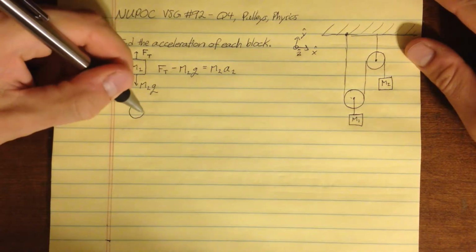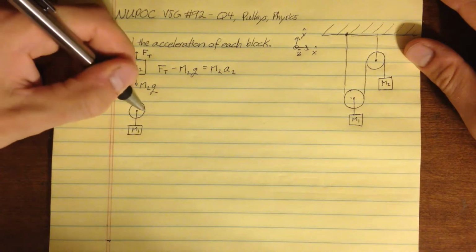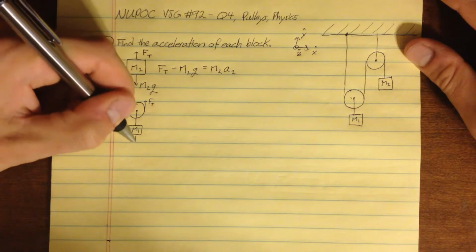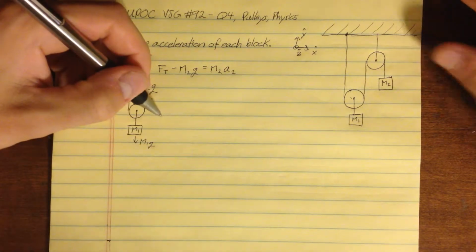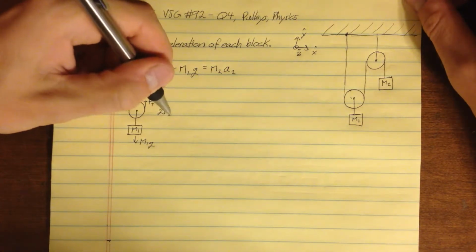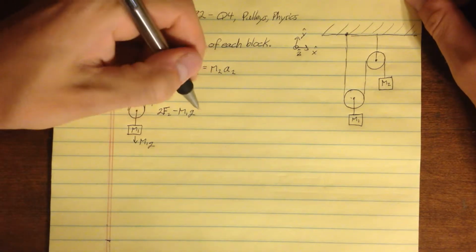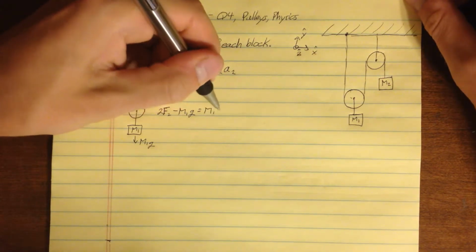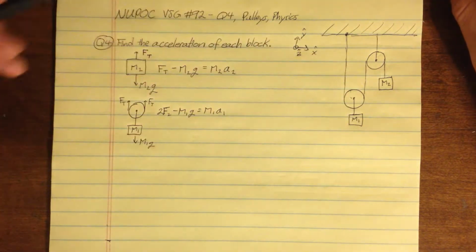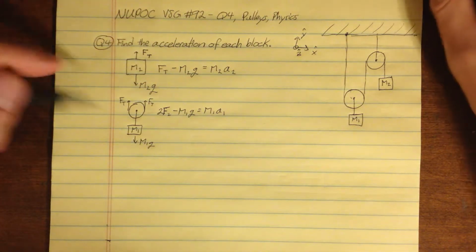We have this pulley and M1, and we have tension of the rope pulling up on both sides of the pulley, and of course M1g down, and we will write 2Ft minus M1g equals, not 0, but M1a1, which is the acceleration of this whole pulley and mass subsystem right here. Okay, so these are our two equations.